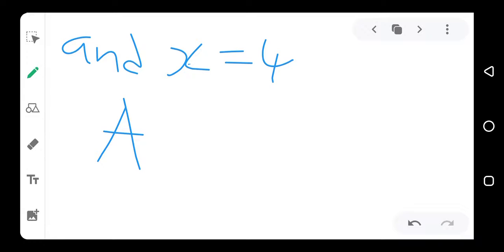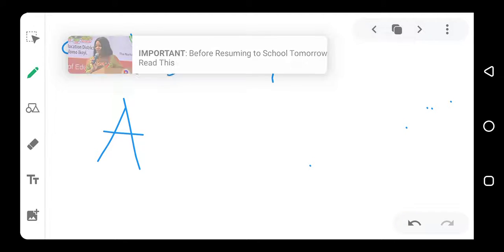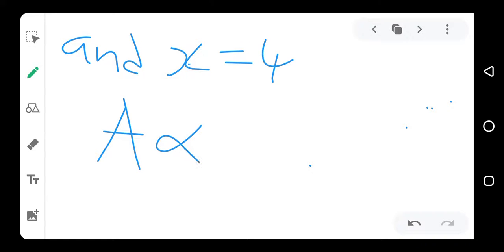So here to state it, we say that A varies with X. This is direct variation.